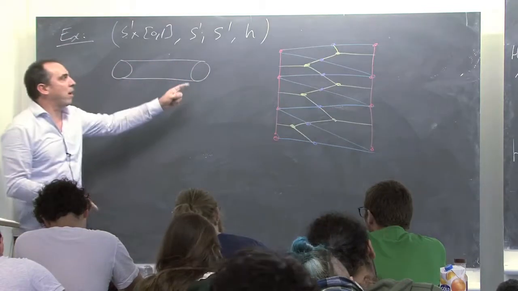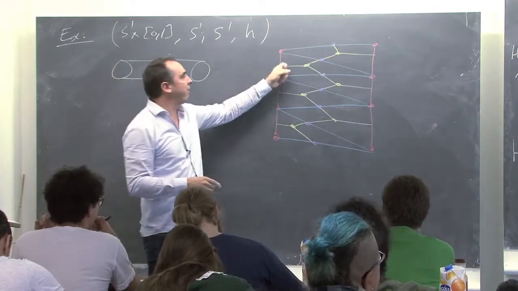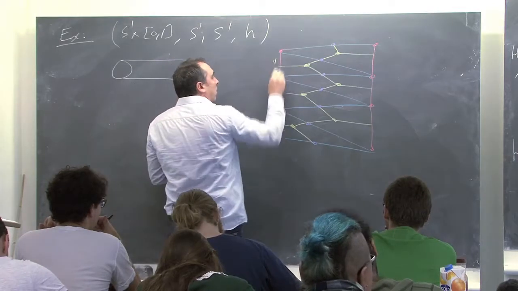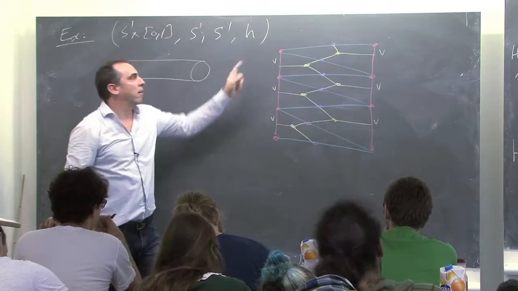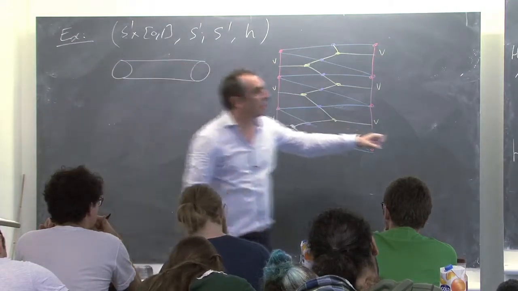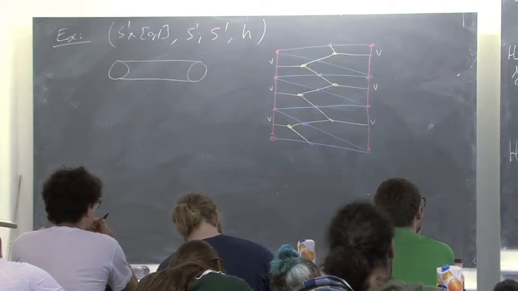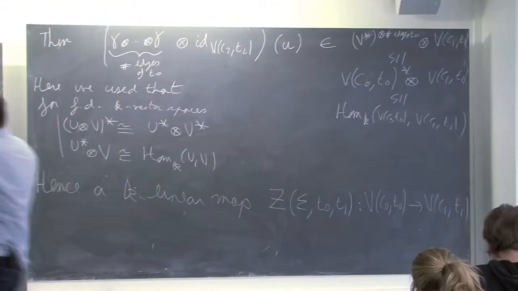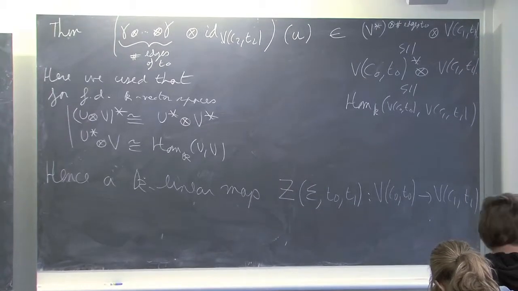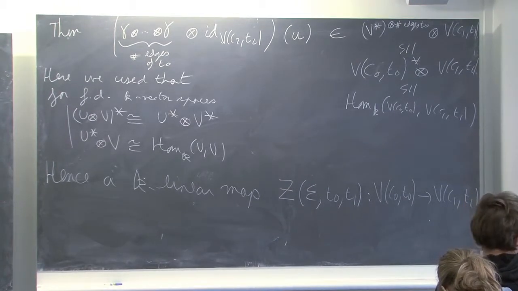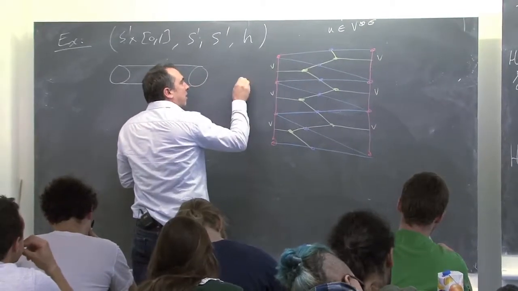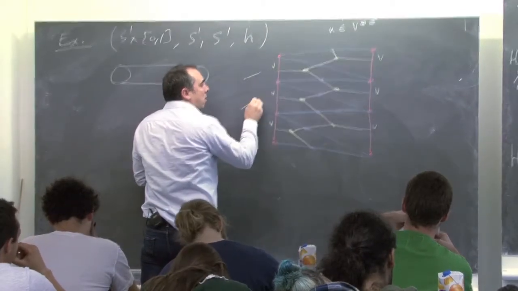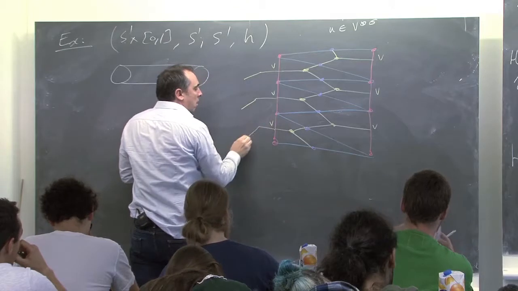So what do you obtain? Well, we have obtained previously a vector space in V tensor V. So this was the U here, U belongs to this. Now we apply gamma.